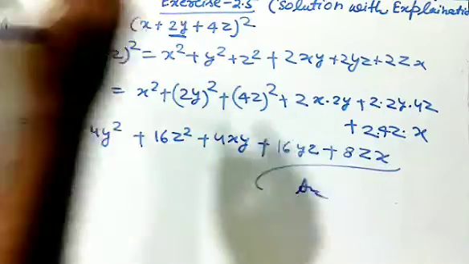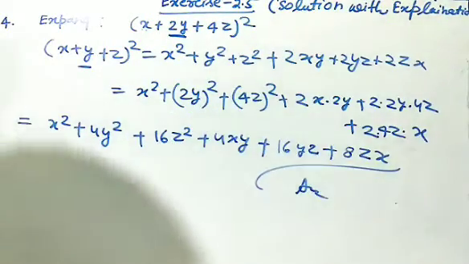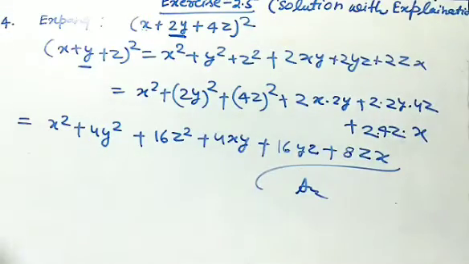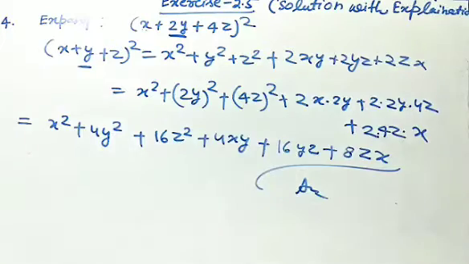So this is your answer. First of all, just learn the identity. Then compare the terms, put in the values and get the answer. It is very easy, but if you don't learn these identities, you cannot solve. Without identities, the solution is not possible. Come to the next question.